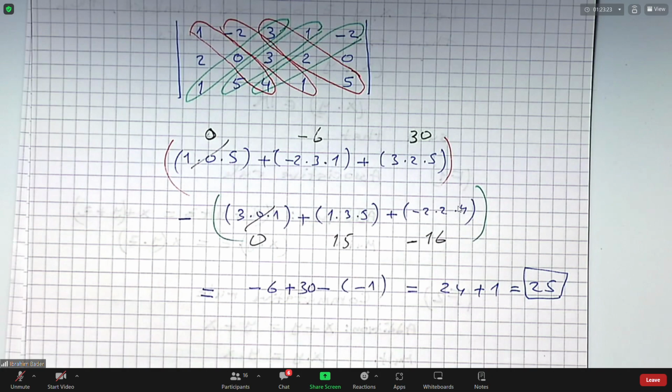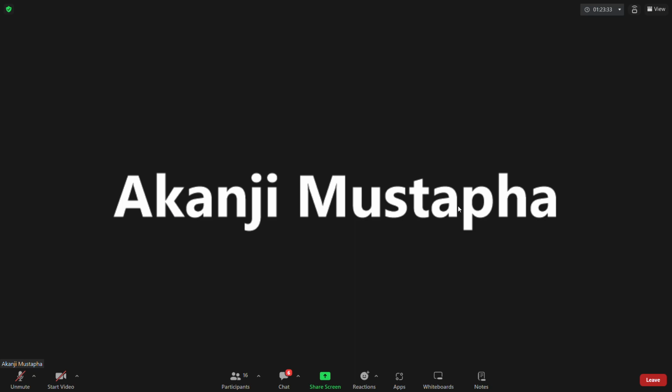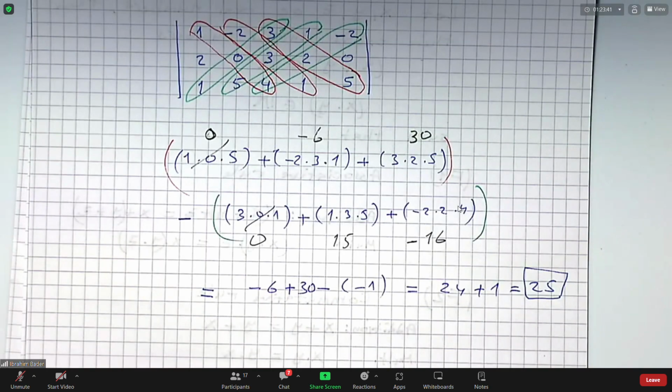Okay, any question? Which method do you prefer, which do you think is easier? In any way, yeah, the second one, of course, is easier.